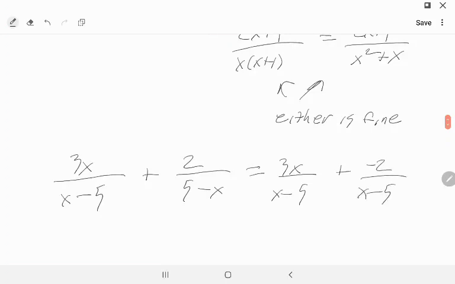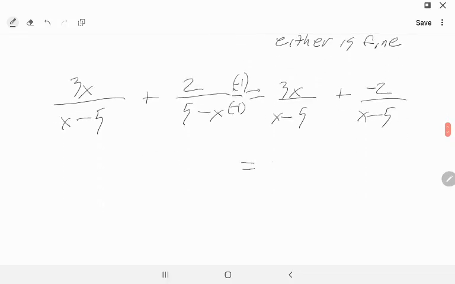We can just multiply by negative 1 divided by negative 1. And so we wind up getting 3x minus 2 divided by x minus 5.